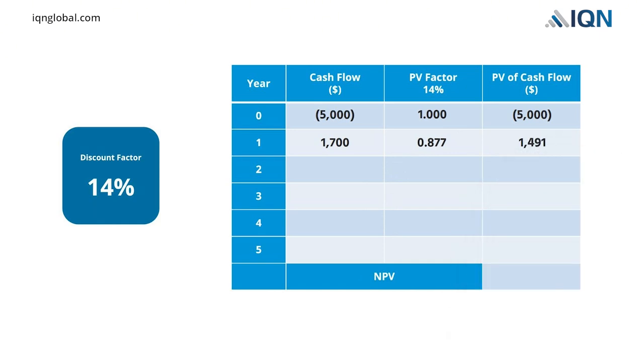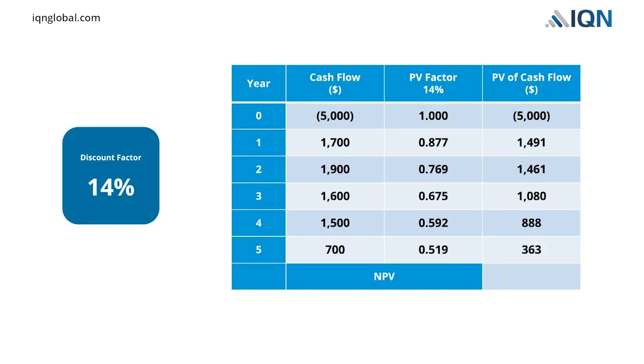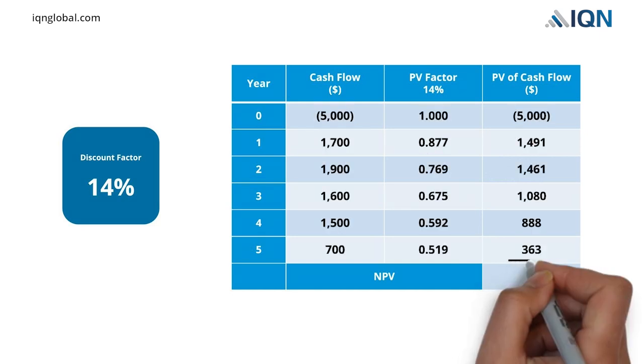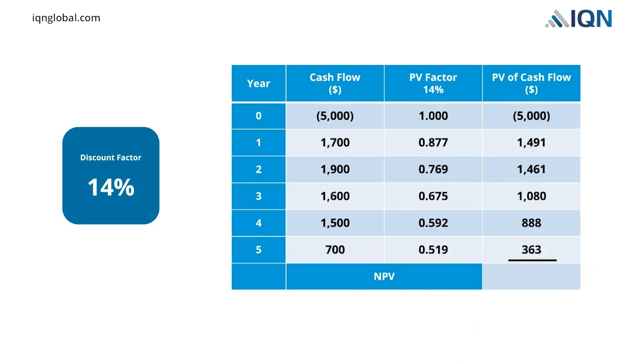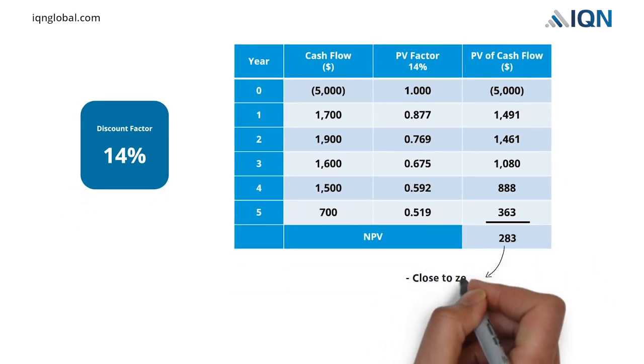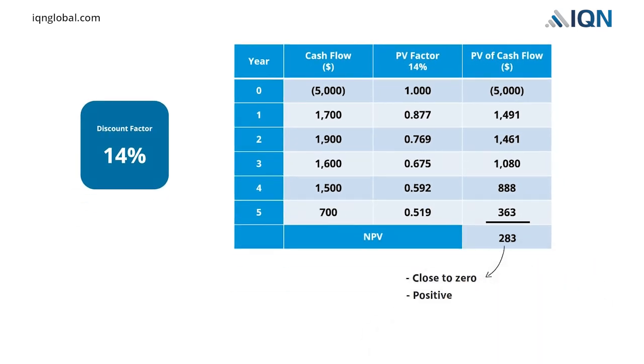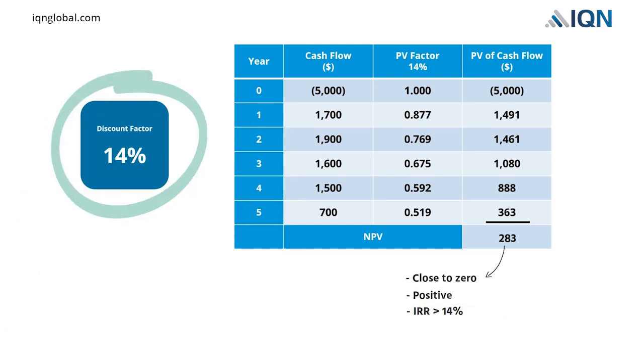In the same way, we will calculate present values from year 2 to year 5. So after summing up the present values, the net present value of the project is $283. This is close to zero. It is positive, meaning the IRR is more than 14%. We can use 14% as one of our two NPVs close to zero.